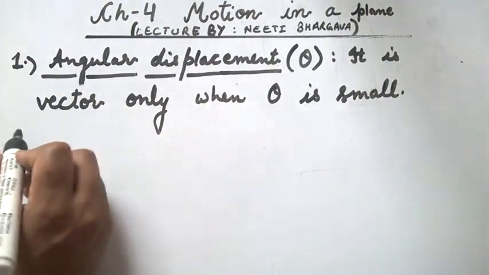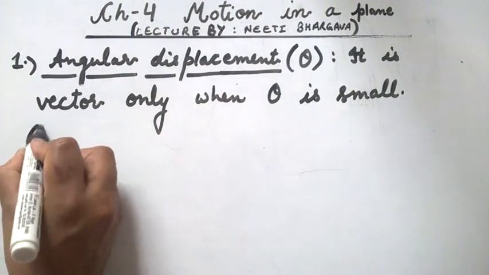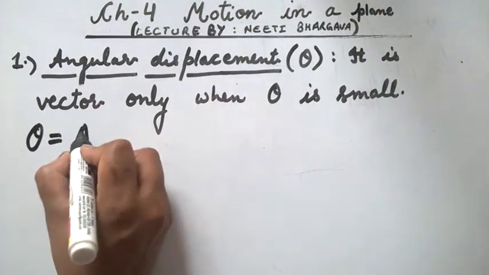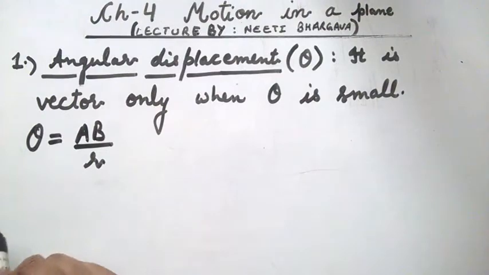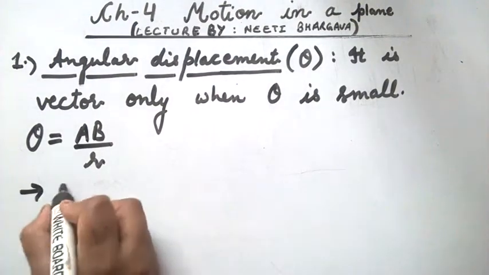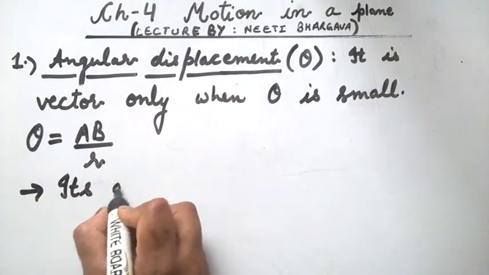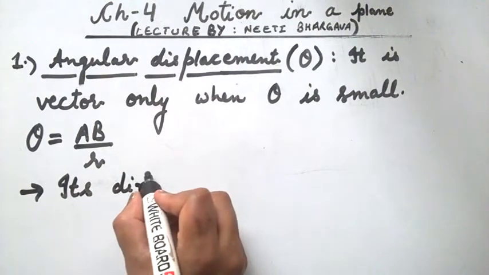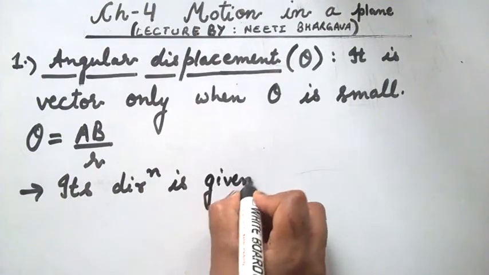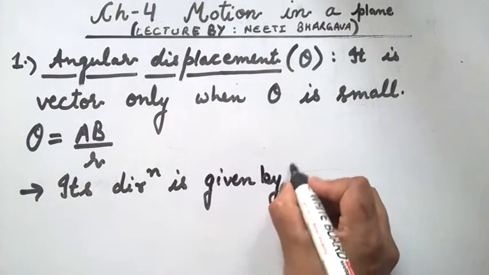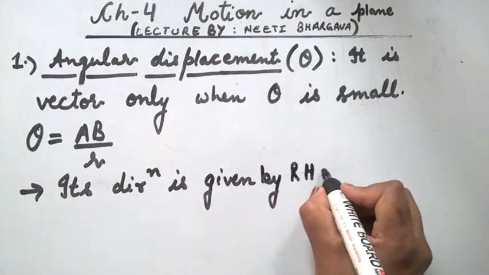Its magnitude is AB by r, and its direction is given by the right hand thumb rule.